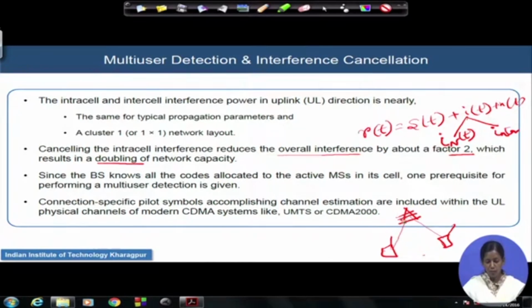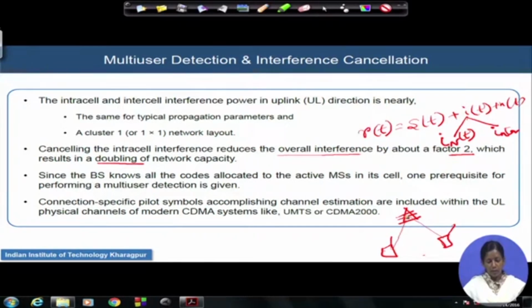So, he can start the cancellation. He can extract the effect of each of them by multiplying the corresponding codes of those users, and then subtracting each of their values from the intended signal.